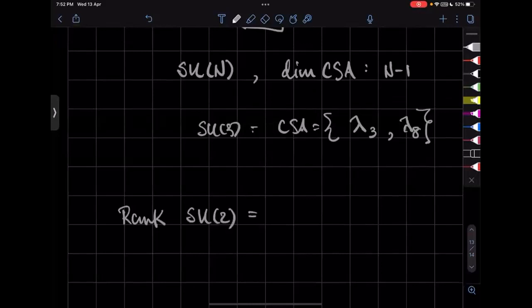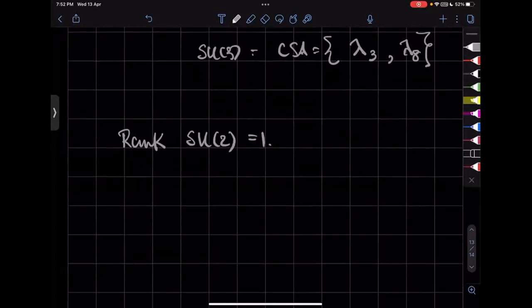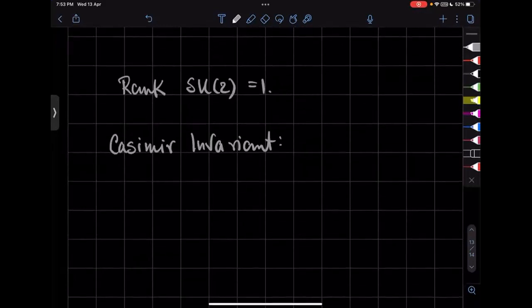Okay, so the rank of SU2 is 1. I won't be able to finish everything today, but before leaving, let me tell you about the Casimir invariant. There is an operator which we call J squared. It is J1 squared plus J2 squared plus J3 squared.